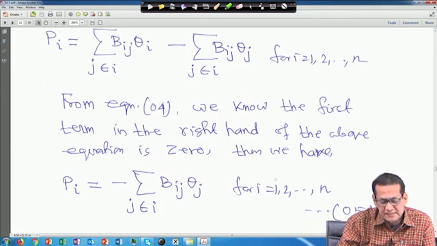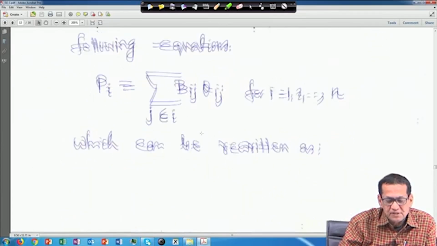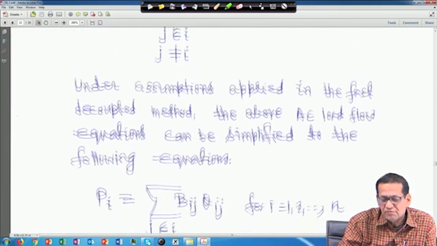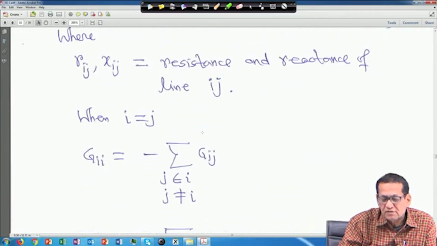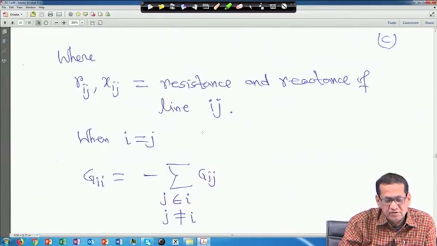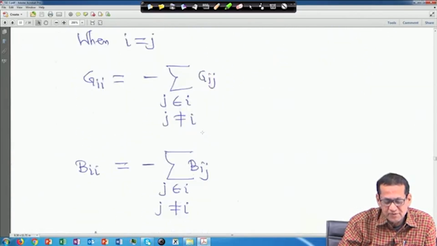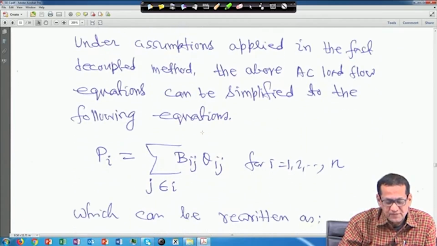So, this is a simple thing. From equation 4 we know that the first term on the right hand side of the above equation is 0, because if we come back to equation 4, let me see, this is equation 3. 4 is this one, I forgot to mark equation 4.